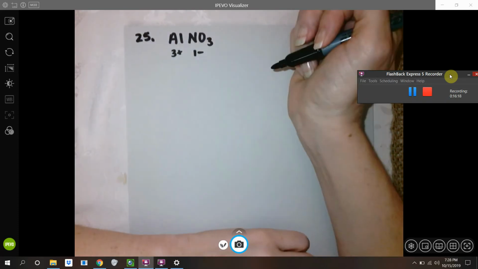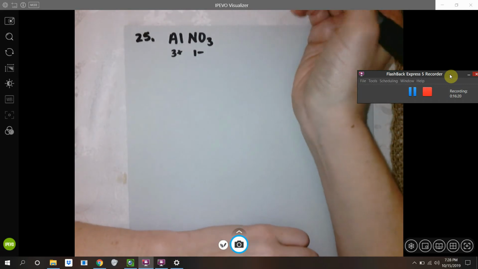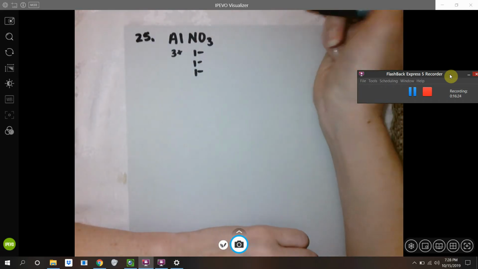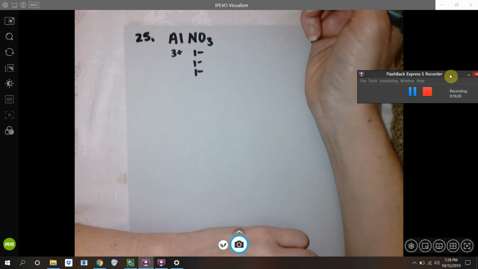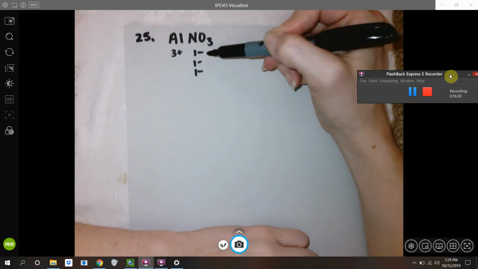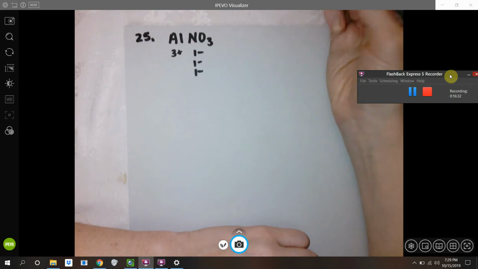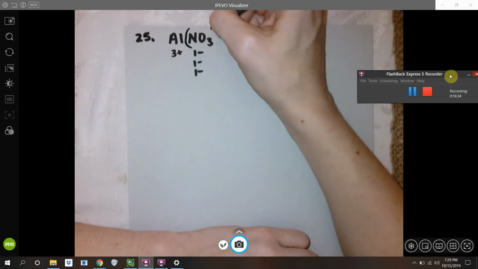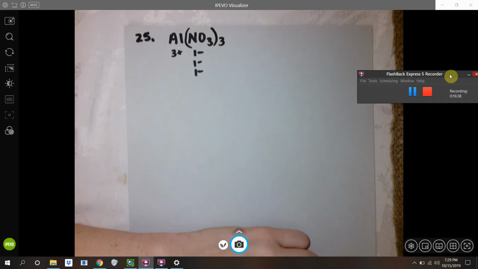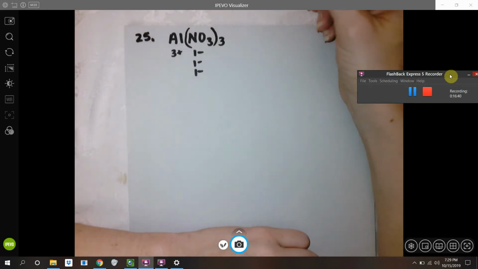It will say it at the top of your test. We need to balance them out. We don't have enough negative charge. Let's go ahead and add some more until we have 3 plus and 3 minus total. We only needed 1 aluminum, but we needed 1, 2, 3 nitrates. So we'll put the nitrates in brackets and say we needed 3 of them, so our formula becomes Al(NO3)3.